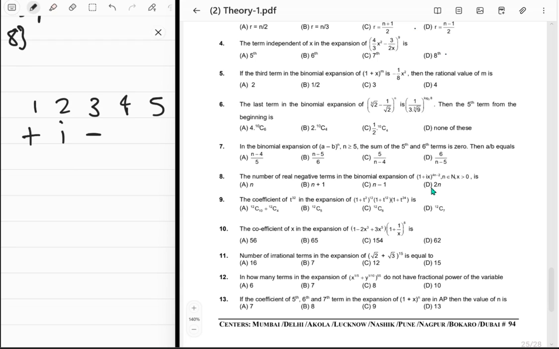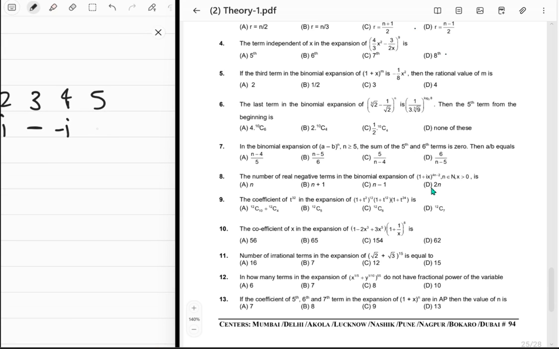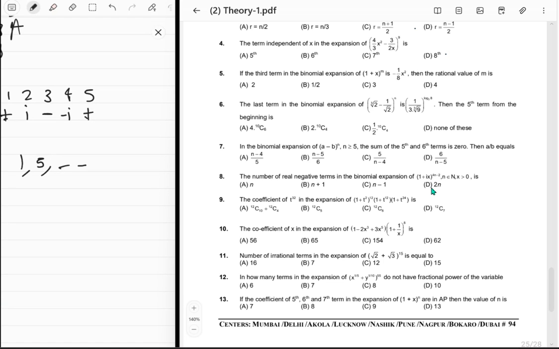So we want the real negative terms. And the fourth term will be negative imaginary. The fifth term will be positive. So you see the pattern. First is positive, fifth is positive, and so on. So it's got a jump of 4, of course. So it's like 1, 5, and so on, and then you will have in the end just 4n minus 2. So it's jumping by 4, and in total there will be 4n minus 1 terms.